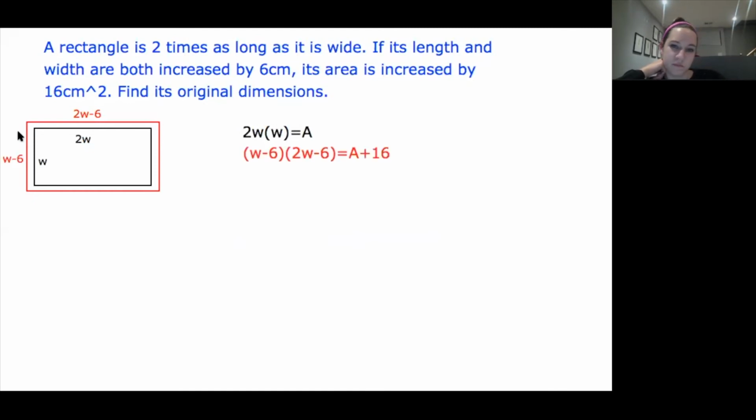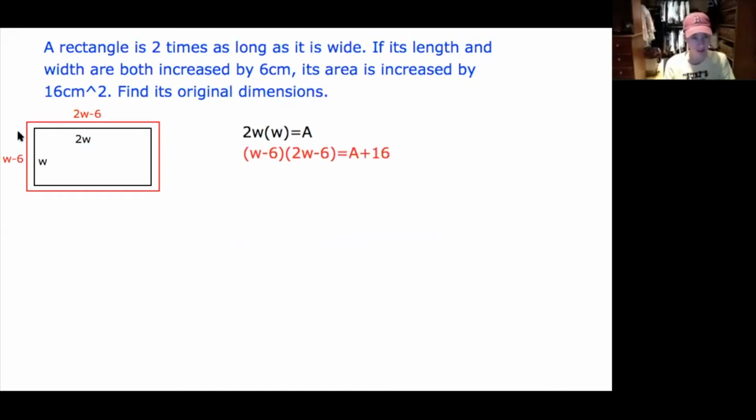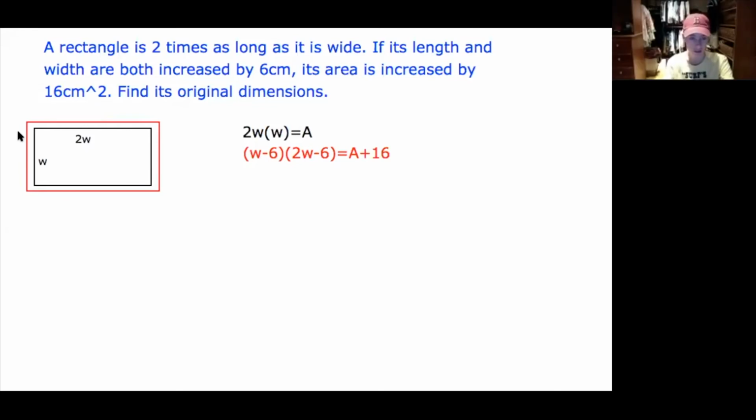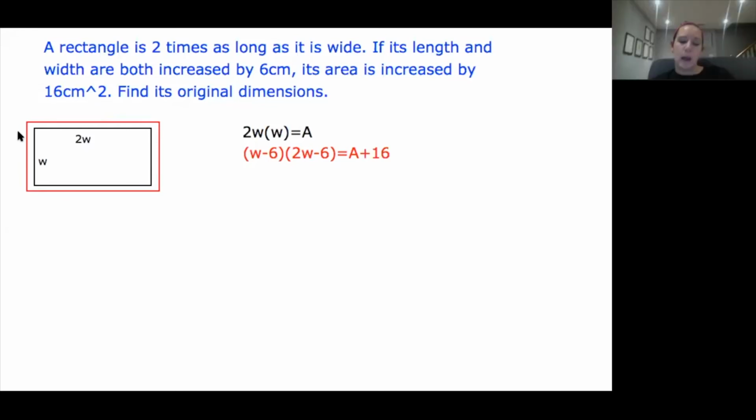Oh, what? Instead of W minus 6, and 2W minus 6 would be plus? Yes. Slipped through the cracks even for me. You don't have to relabel those sides. You can just change it in your equation.